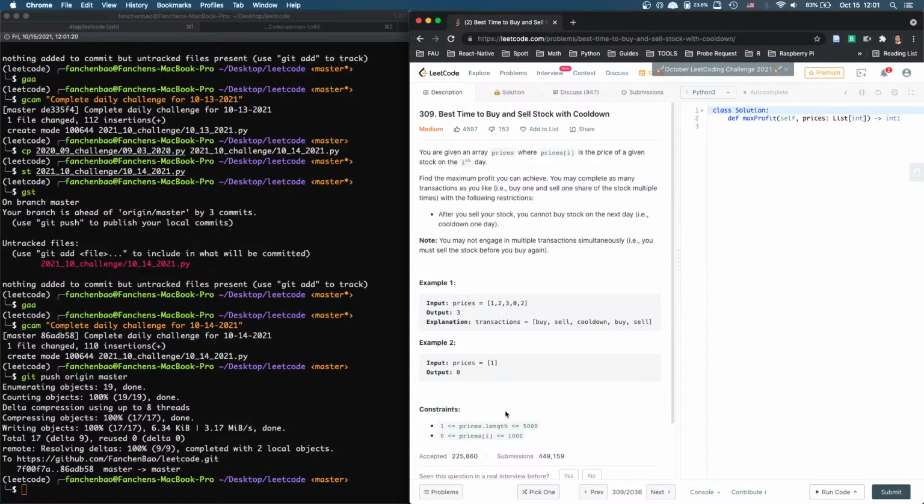So the empty state becomes 1. And then the cooldown state is going to be the previous, which is -1. And then we can say sell, so +2. And that's still 1. Okay. So next round, okay, that's 3.